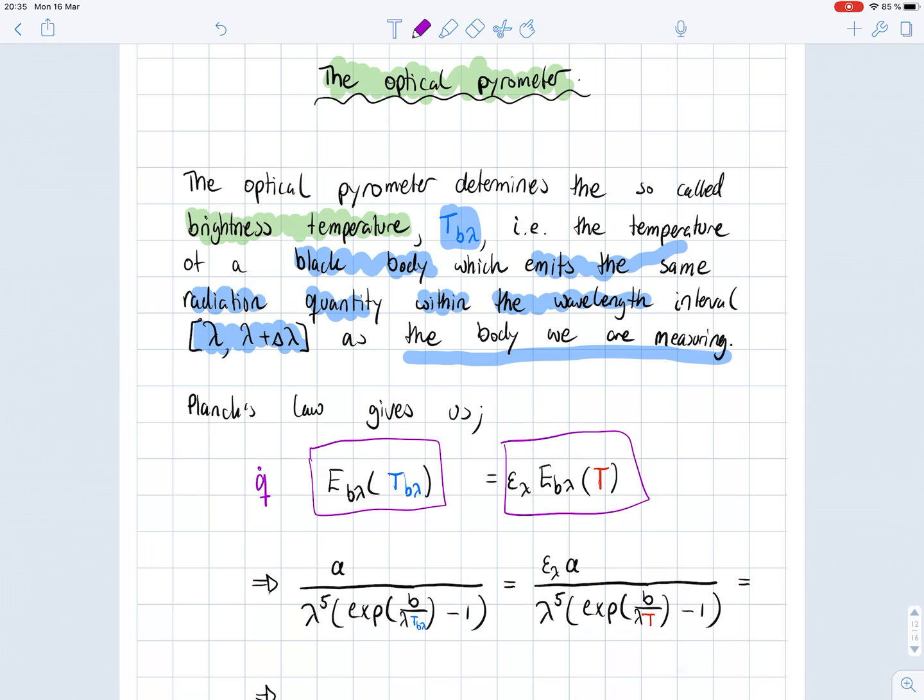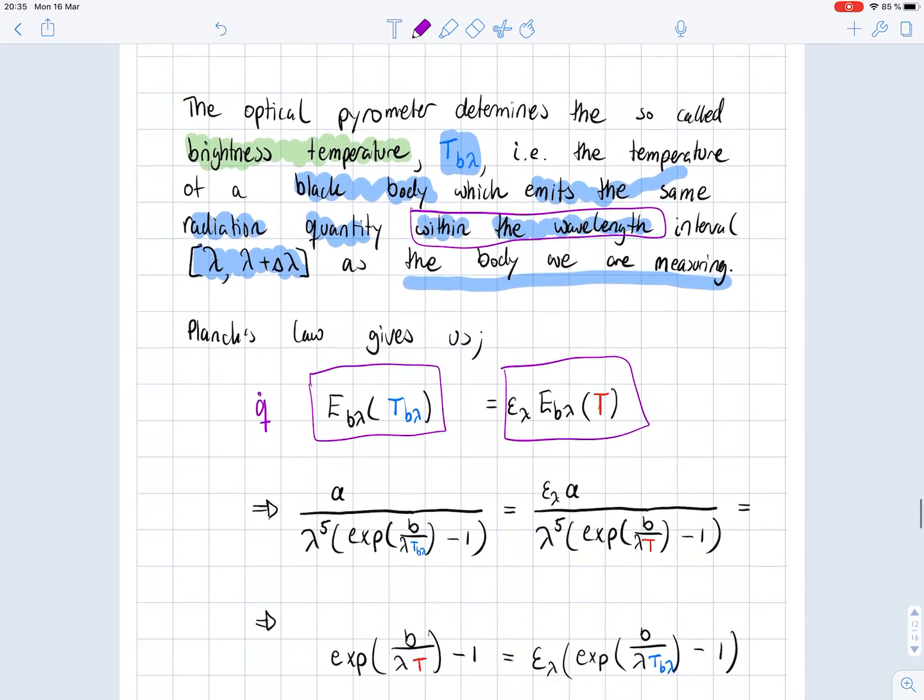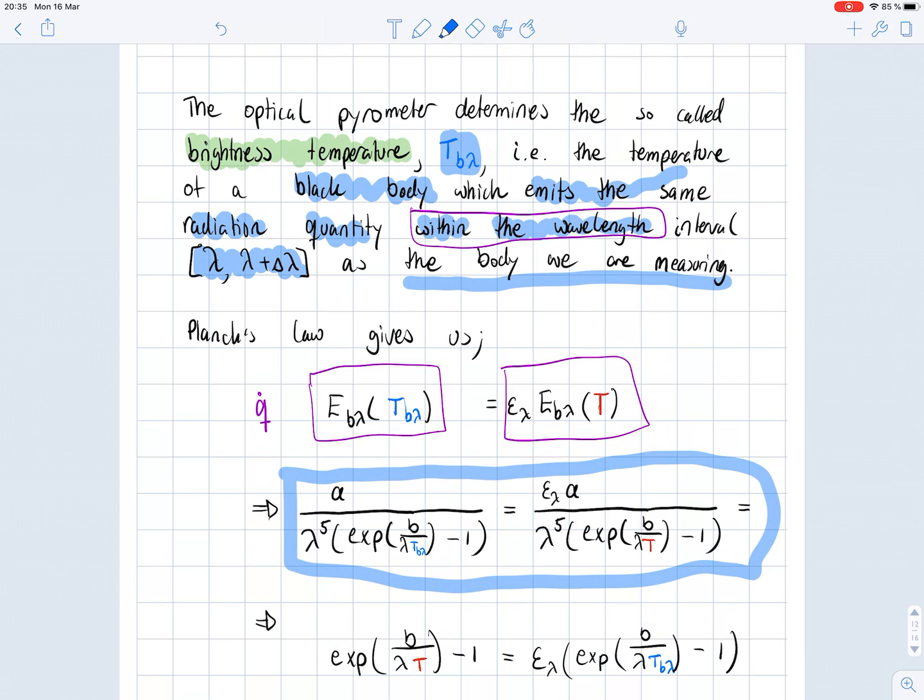Now, since we are looking at the radiation within some specific wavelength, this is determined by Planck's law, because that's what Planck's law gives us. So we simply put in the distribution from Planck's law in the left-hand side and the right-hand side.